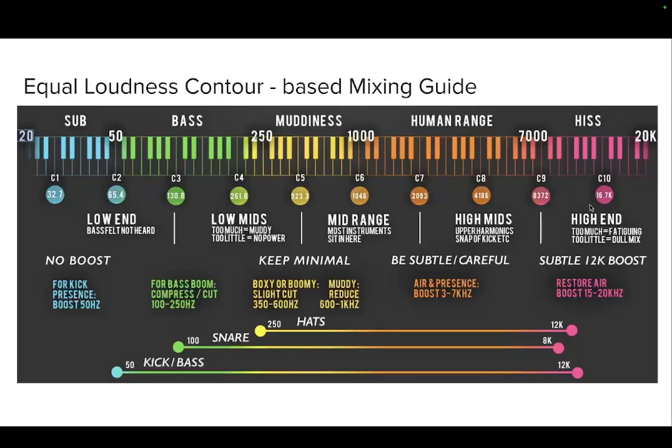This chart shows us a little bit differently what the previous one was also saying, in that low frequencies, low mids, mid-range, high mids, and high-end frequencies have different characteristics and need to be treated differently. This chart walks us through and shows us how much to boost and what to cut. It's a handy one-view guide to mixing.